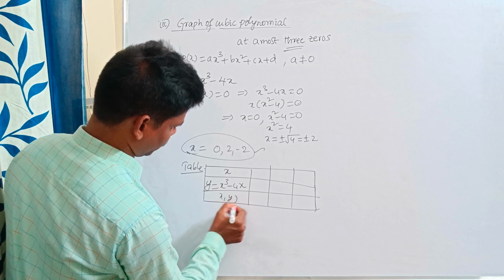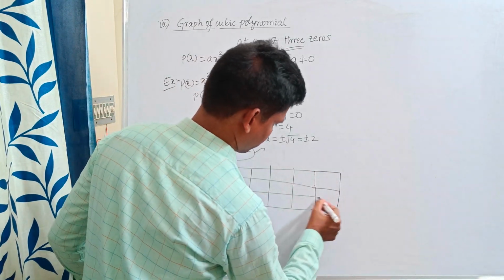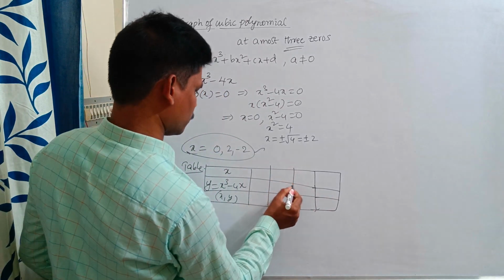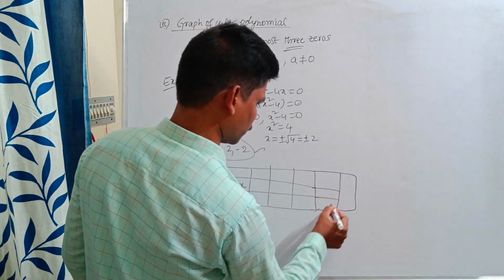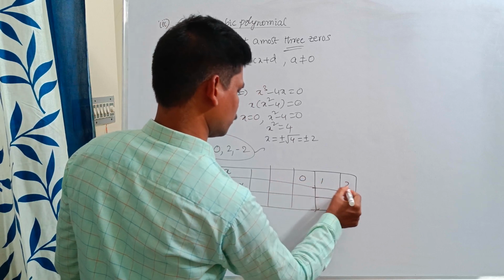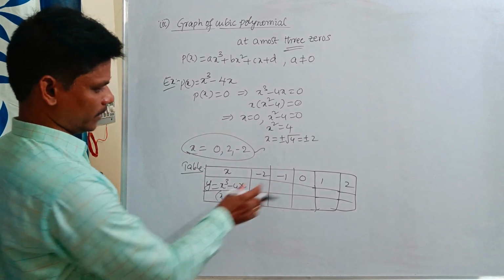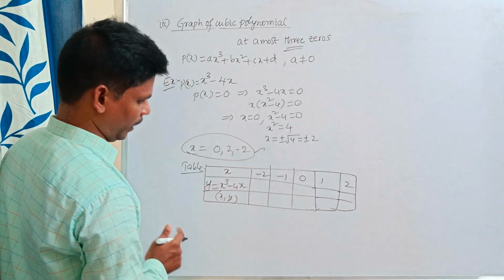Here the point is x comma y. Take the x values 0, 1, 2, minus 1, minus 2, and find out the y values.